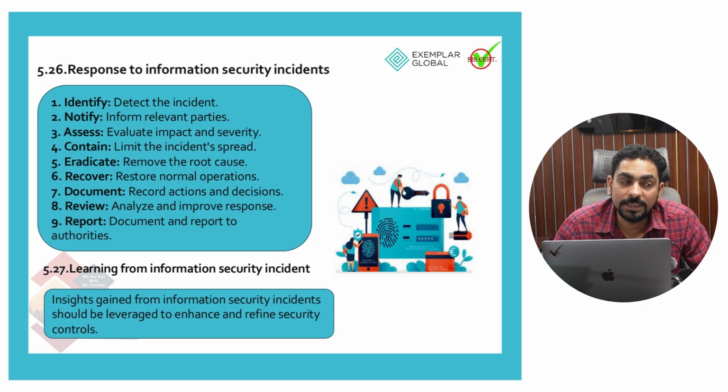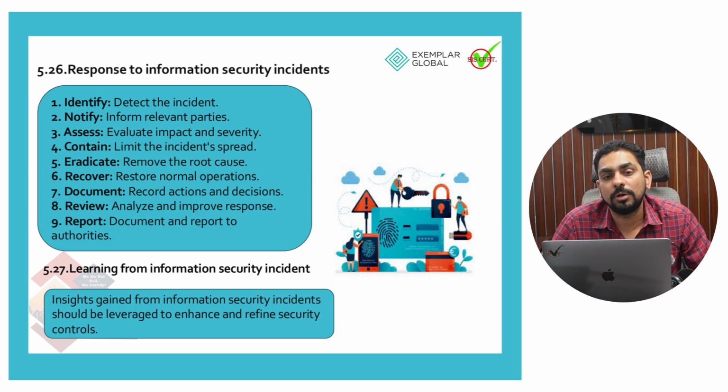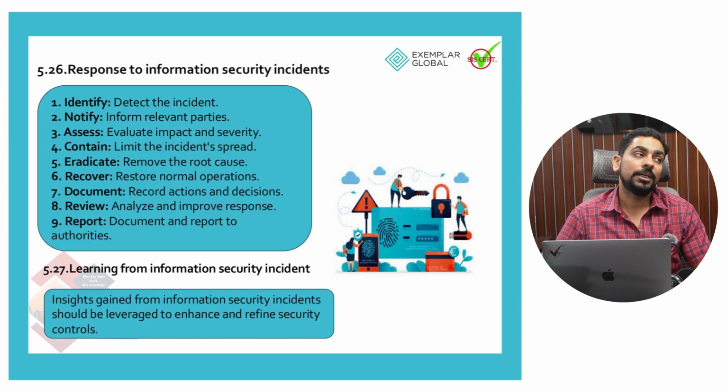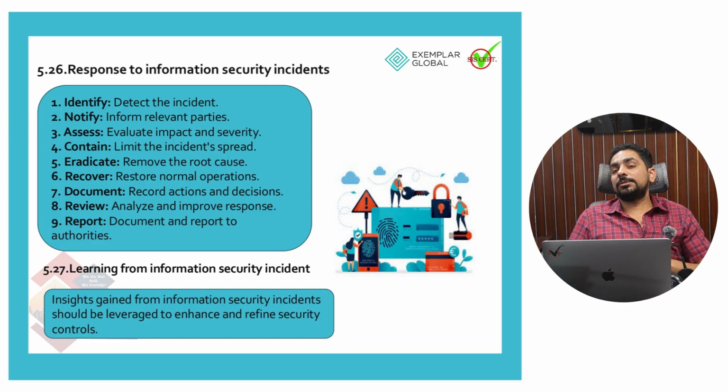You will see what the information was, what the problem was, what we came to know. Everything will be there in the minutes and the report when you submit it to the authority. So your control, learning from the information security incident, automatically gets covered in the same procedure. Again, you can have a single procedure for multiple controls, making sure that all the elements of each control are addressed in that procedure.